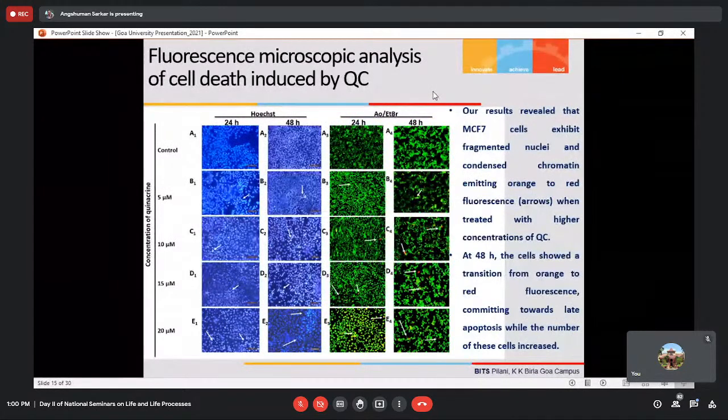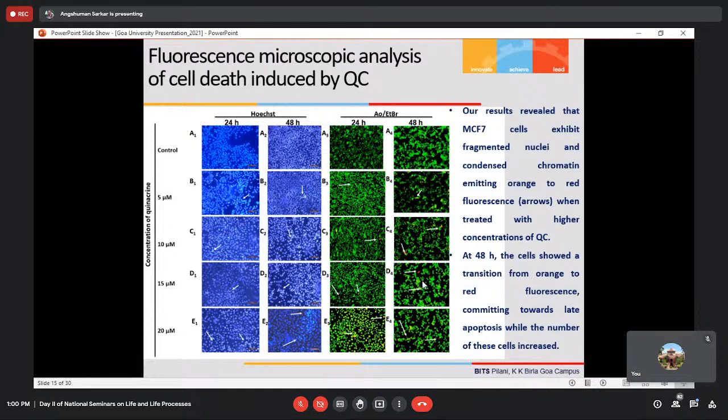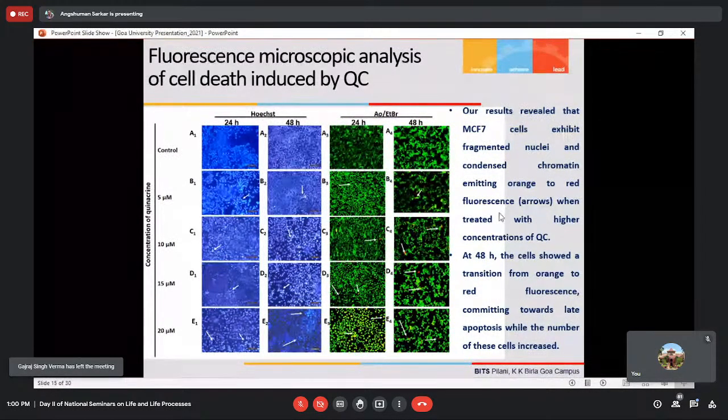If you look at this picture, this side is Hoechst staining, which stains the nucleus, and you can see how the nucleus is getting broken, and the EtBr staining along with the orange dye shows how apoptosis has been happening in this particular slide.